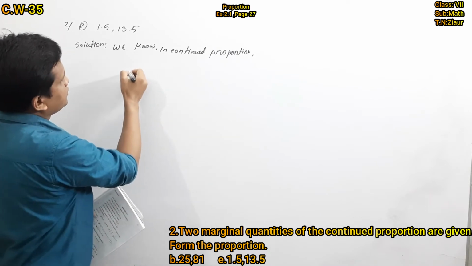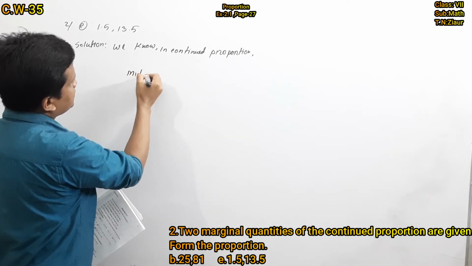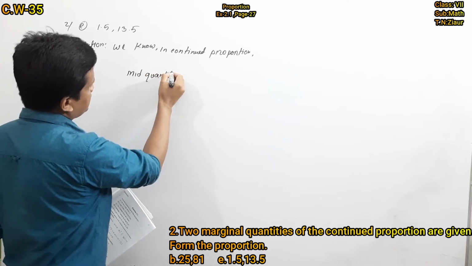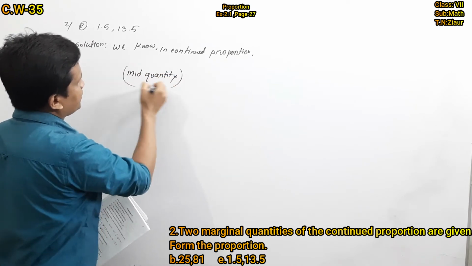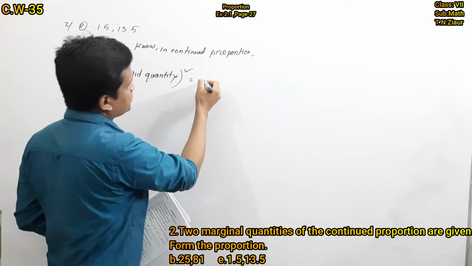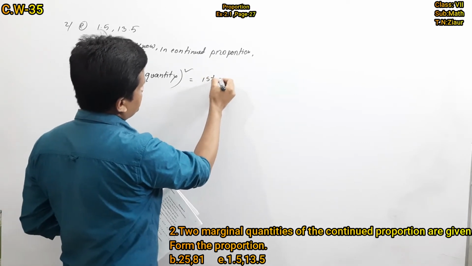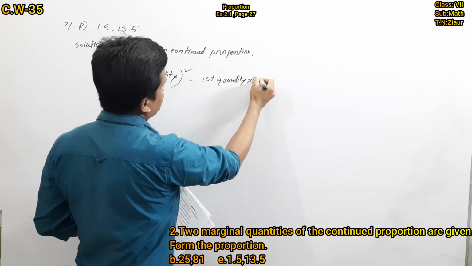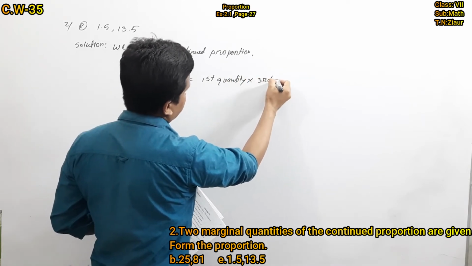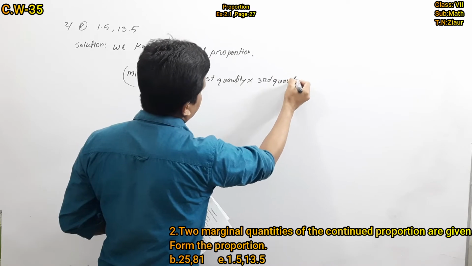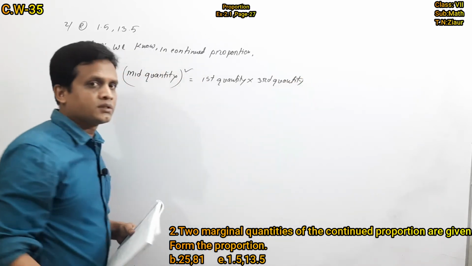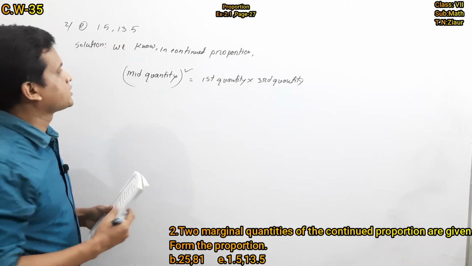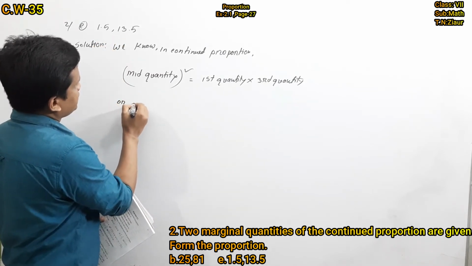In continued proportion, mid quantity whole square is equal to first quantity into third quantity, right?